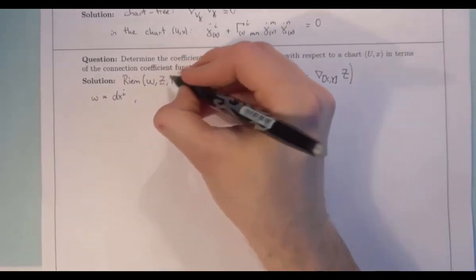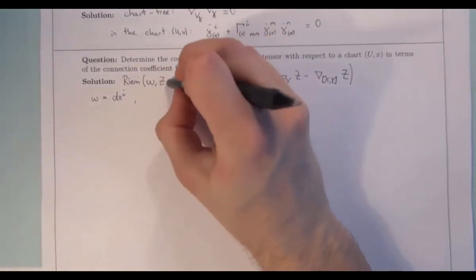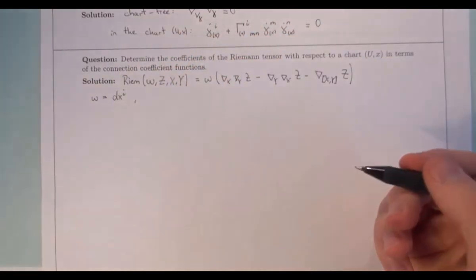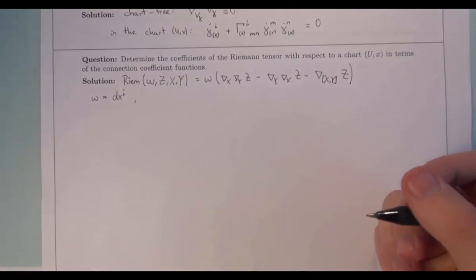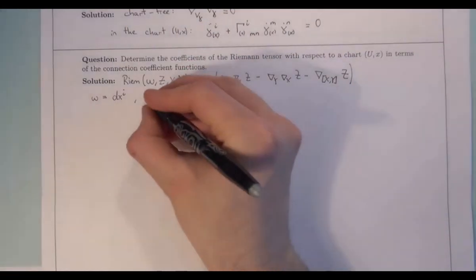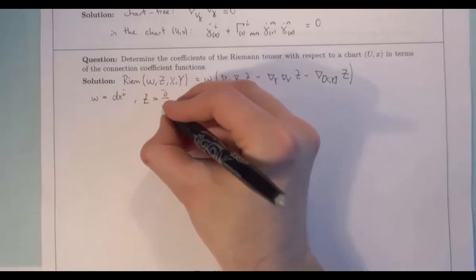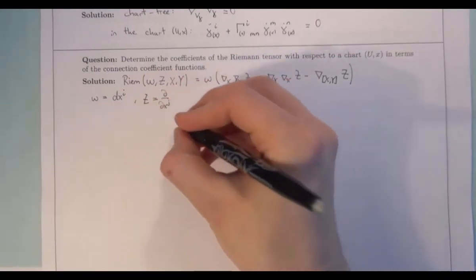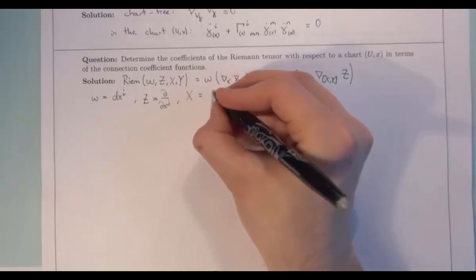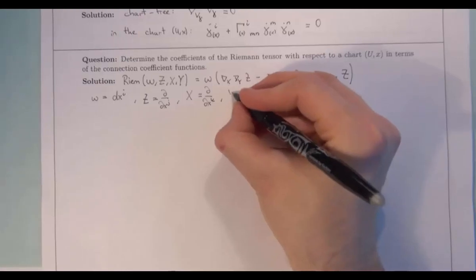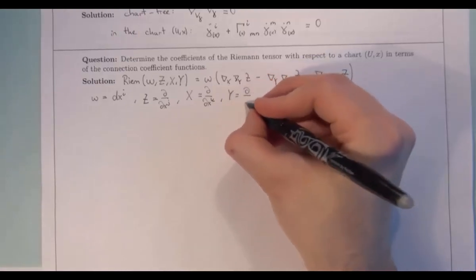Of course this entry z goes here, and the entries x and y are here by convention, so that everything is correct. So we use that z is the vector field del xj, x is del xk, and y is del xm.